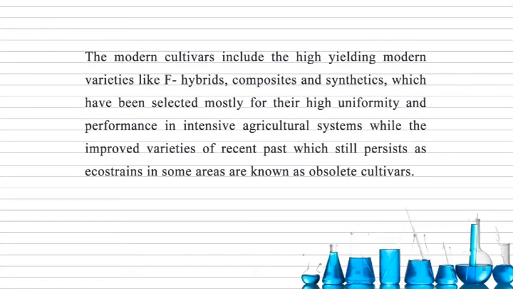The modern cultivars include the high-yielding modern varieties like F1 hybrids, composites and synthetics, which have been selected mostly for their high uniformity and performance in intensive agricultural systems, while the improved varieties of recent past, which still persist as eco-strains in some areas, are known as obsolete cultivars.